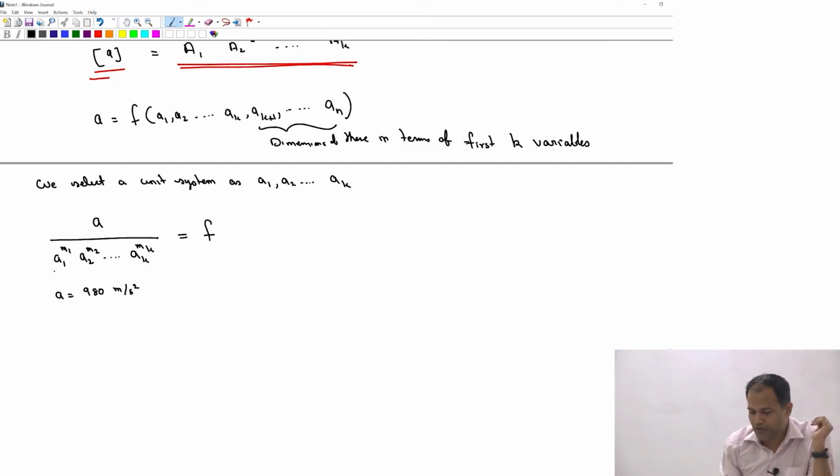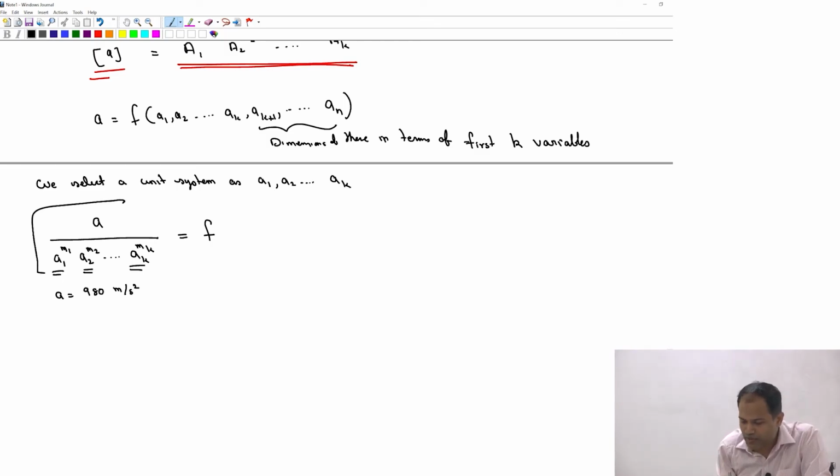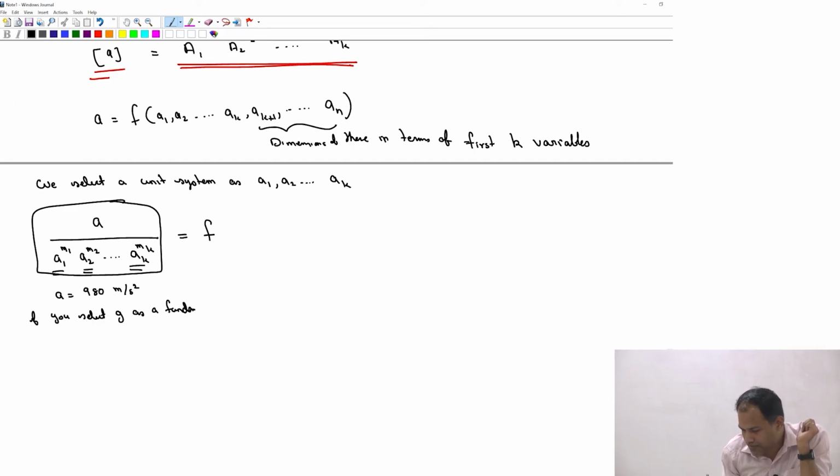Similarly, if you select A1, A2, etc. up to AK as the fundamental quantities in your unit system, then A has to be divided by each of those variables to get the number that you are looking for. Just the way if A is 980 meter per second square and you select g as a fundamental quantity, then your A is nothing but 100.